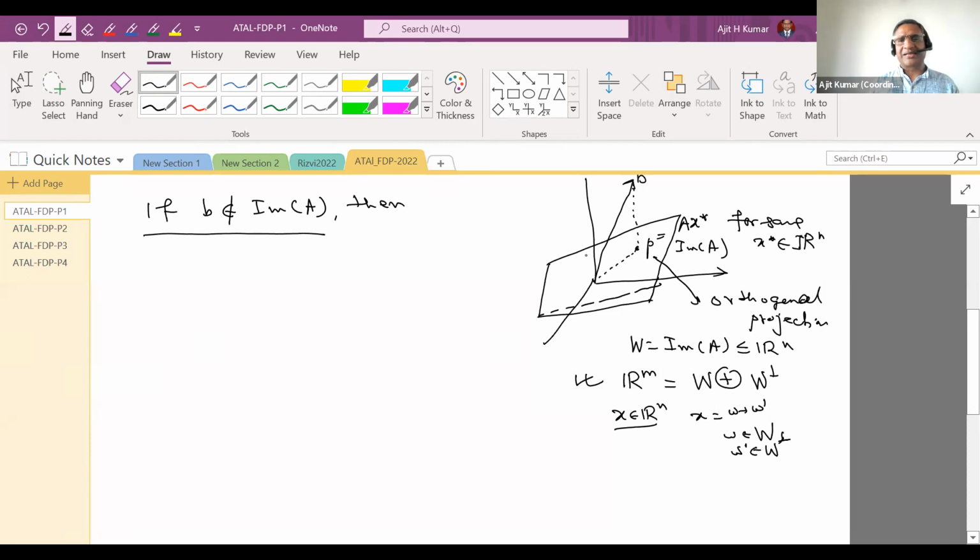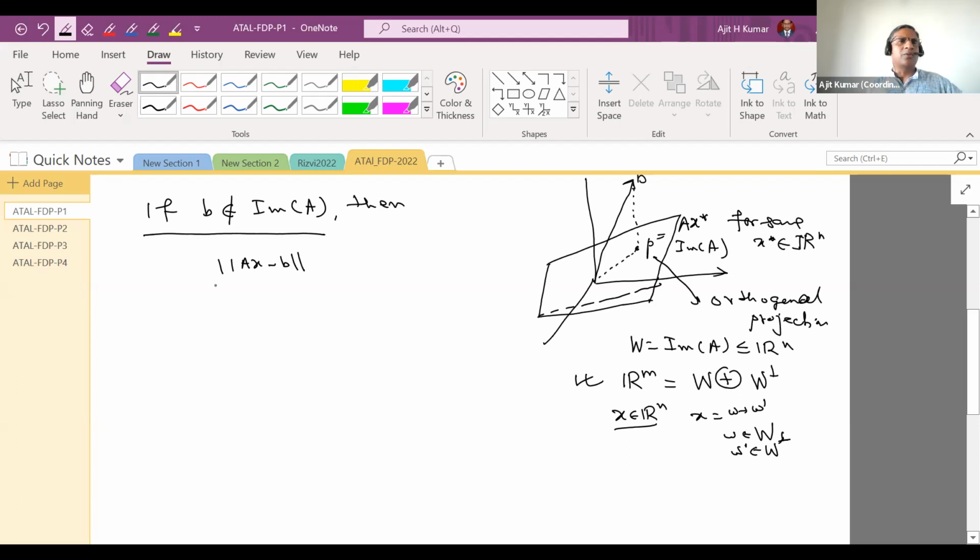So how do we find this? What is P? P is the point in the image space which is closest to B. How do I define closest? Any point in W looks like AX for some X. Take the difference AX minus B, take its norm, and minimize this.